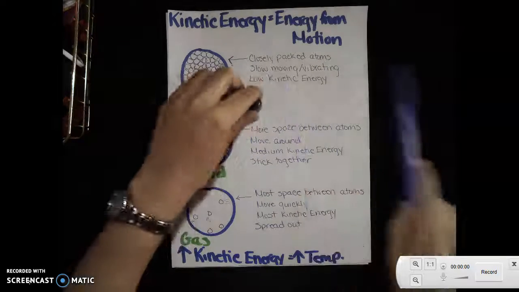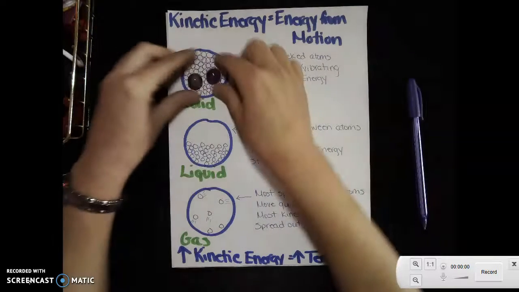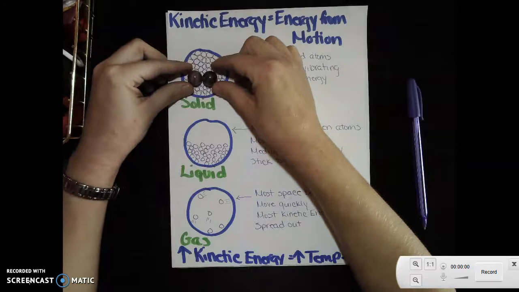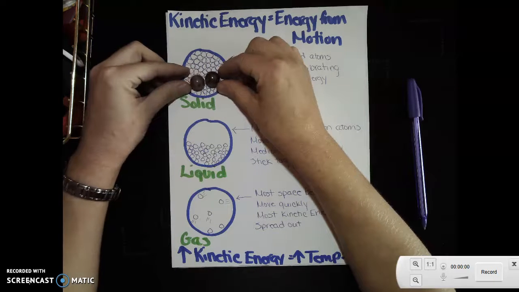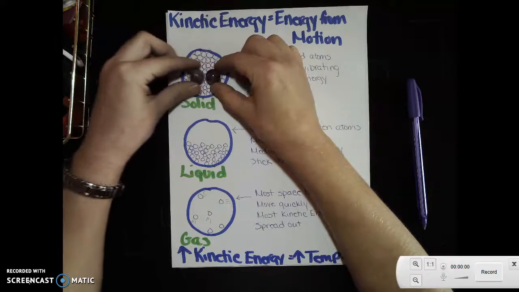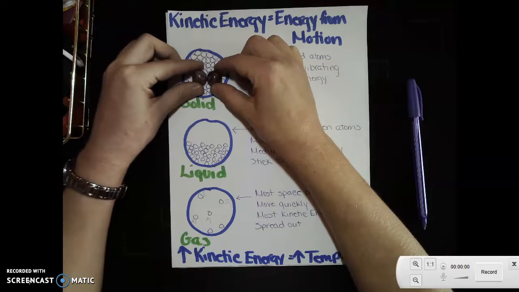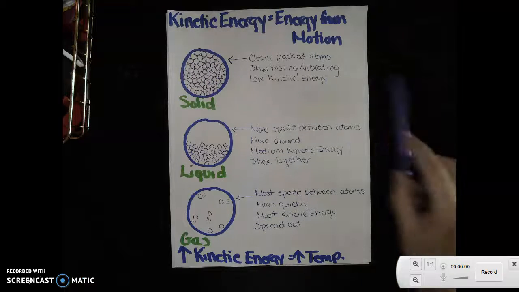They're slow moving, pretty much vibrating. If these were two of our atoms, they're moving, they have some energy, but they're so close together that all they can barely do is vibrate. They vibrate, there's motion, but they can't really move anywhere because they're so closely packed together.